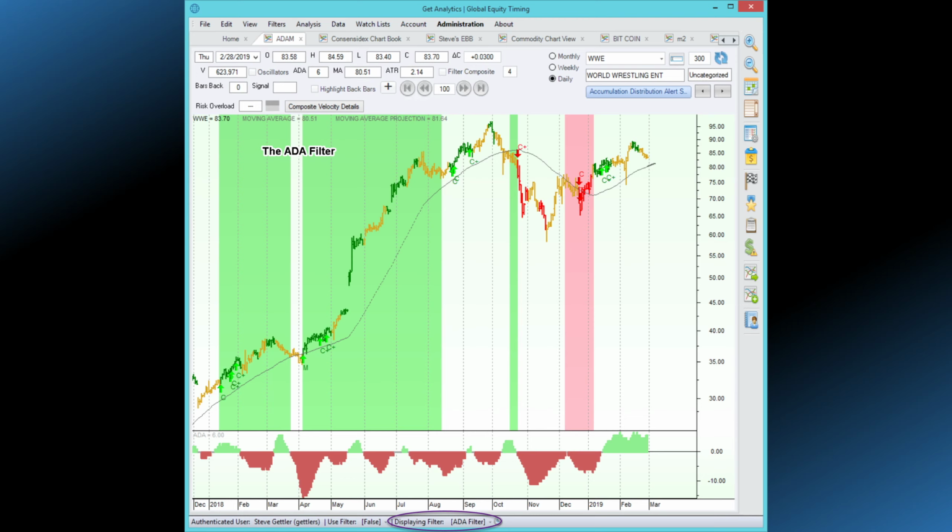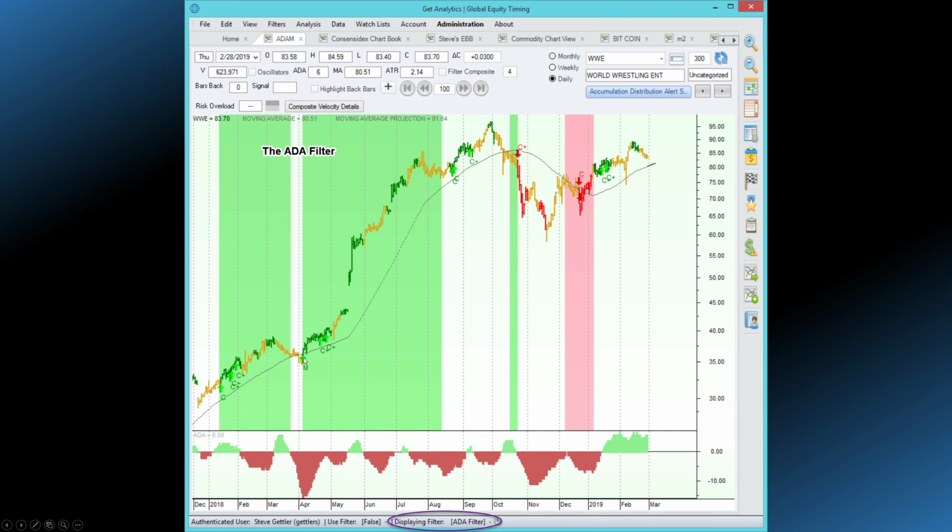Above zero, it's being accumulated or bought. What we're looking for here is times when the ADA oscillator is positive, and when that happens, the filter will show up as green, indicating that the oscillator is positive, and it's probably a propitious time, a good time to be buying.